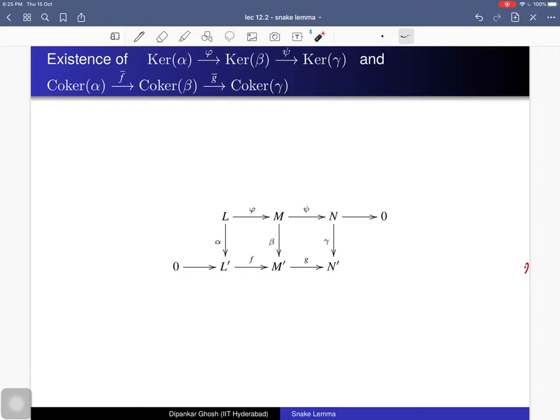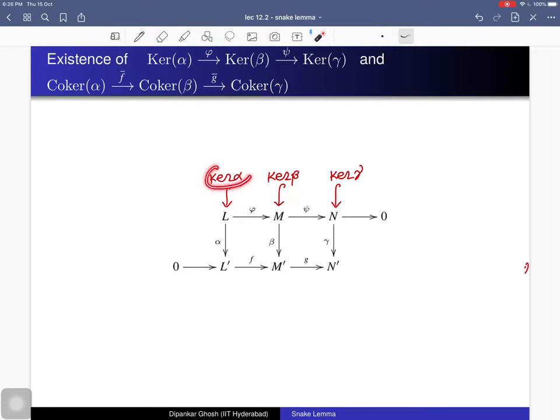Here we will first prove how we can have the exact sequence induced by this part. So, I should write that if we consider kernel of alpha, then it is just a submodule of L, and kernel of beta is a submodule of M, kernel of gamma is a submodule of N, and we have a morphism from L to M, that is phi.